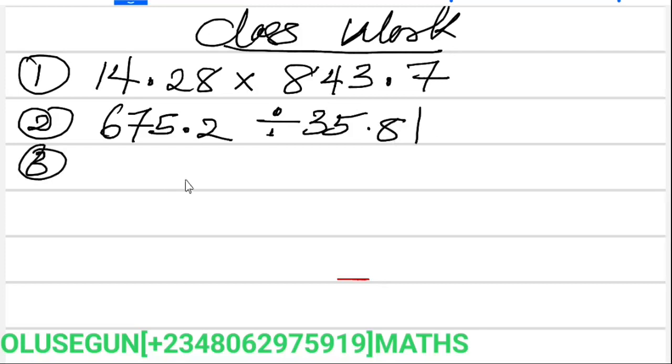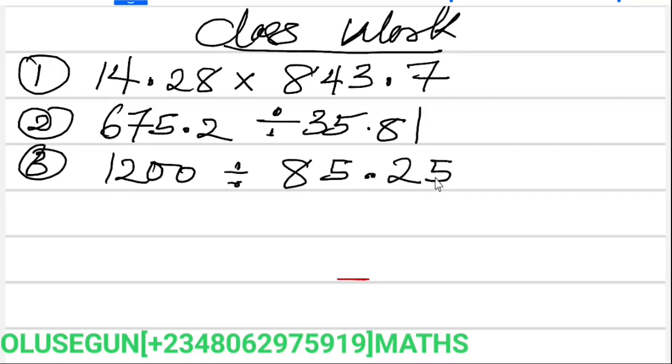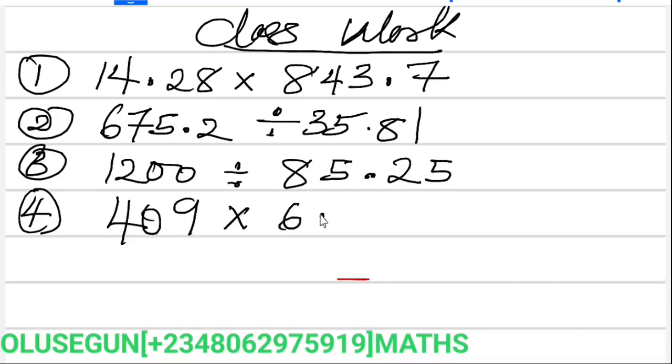Number 3, 1200 divided by 85.25. Number 4 is 409 times 6.932. So please, I want you to help me to solve these questions and send them to me as a message.